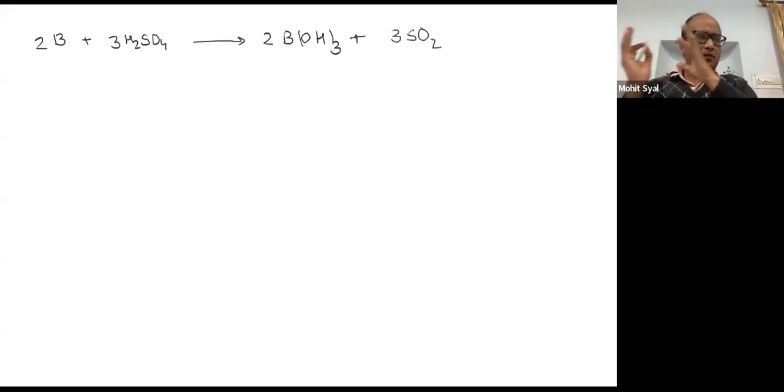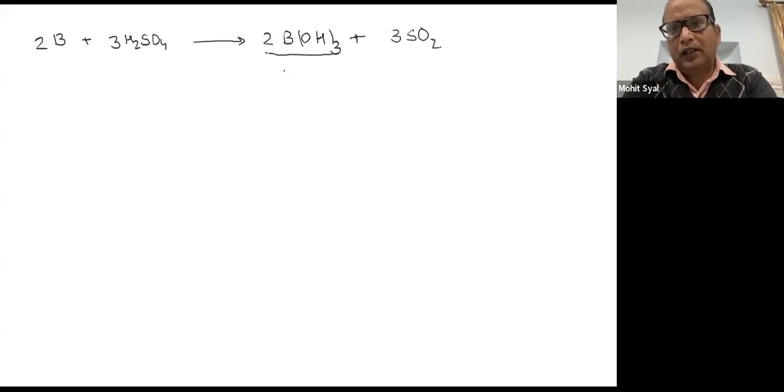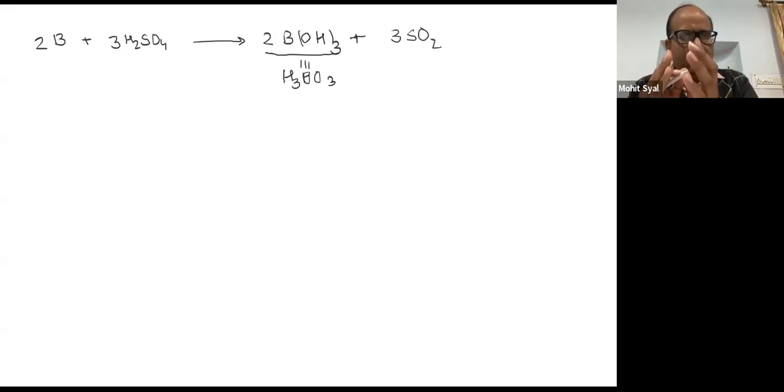Those OH groups come on boron, and boron forms its own acid, which can be written as B(OH)3 or H3BO3, orthoboric acid. And because oxygen is removed from H2SO4, the H2SO4 is reduced to sulfur dioxide. Sulfur dioxide is a gas with a smell of sulfur that comes out.